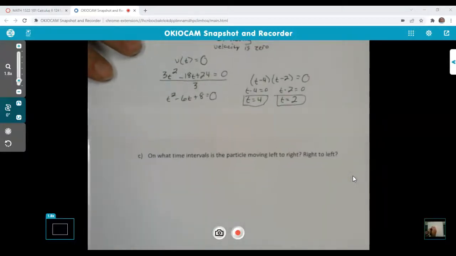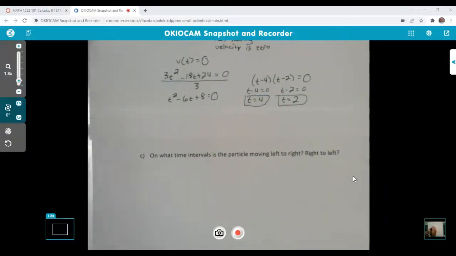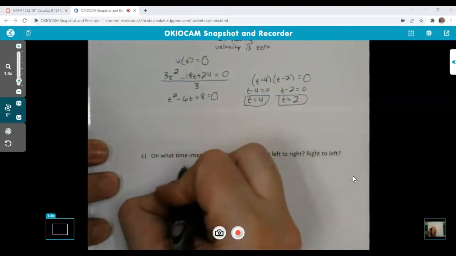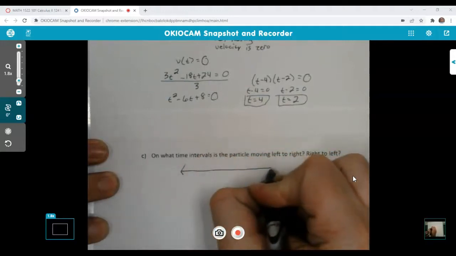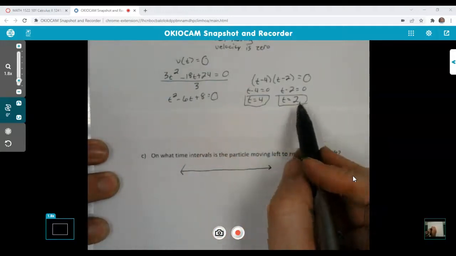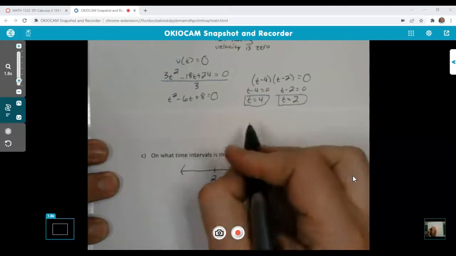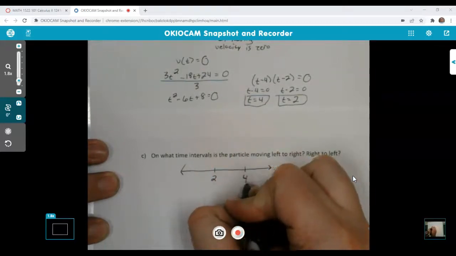Part C asks, on what times is the particle moving from left to right, and when is it moving from right to left? So I know when it's staying still. Why don't we make a little timeline here? I know it's staying still at t equals 2, and I know it's staying still at t equals 4.